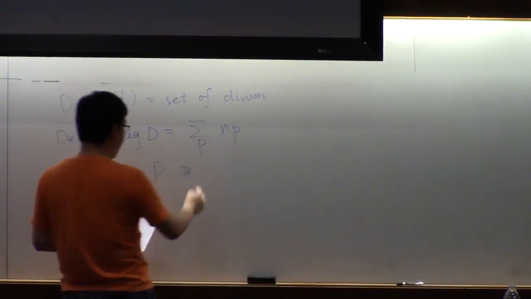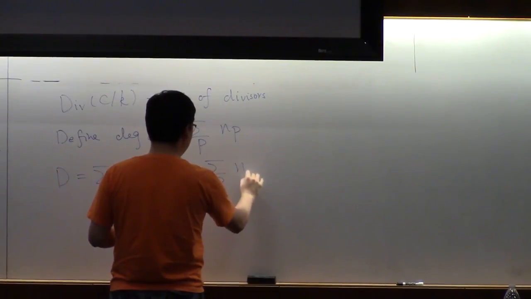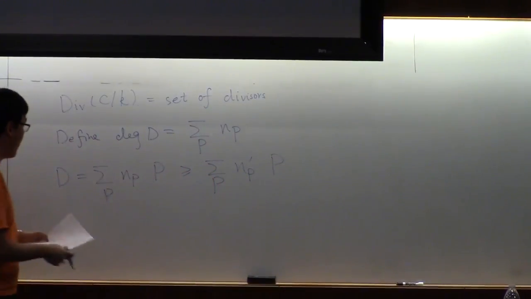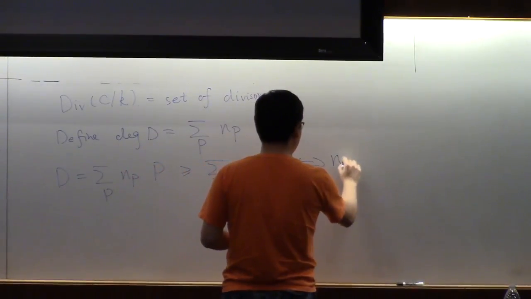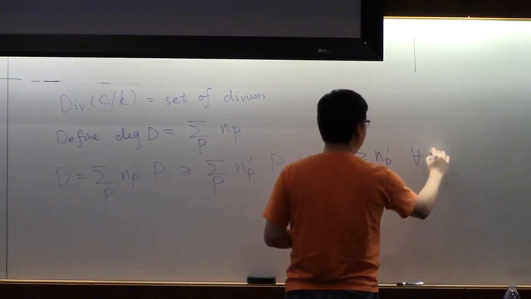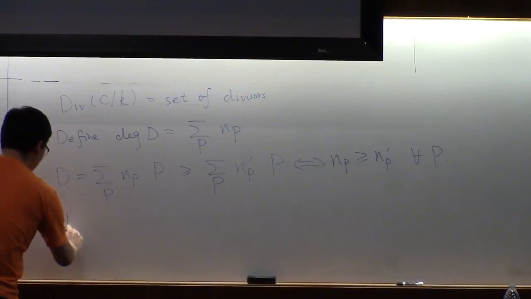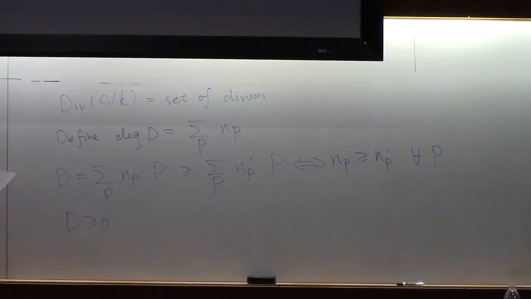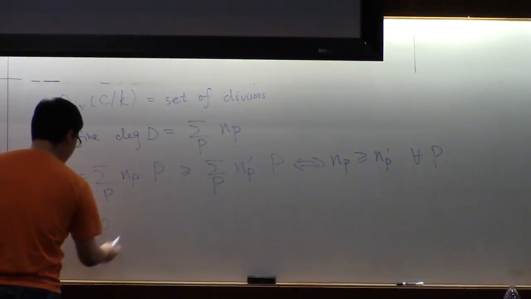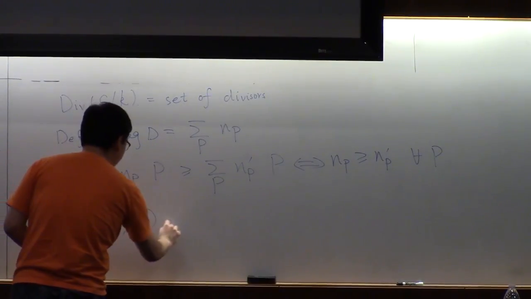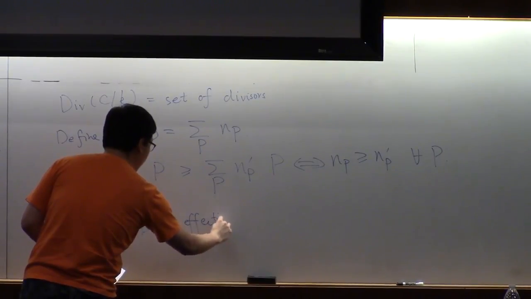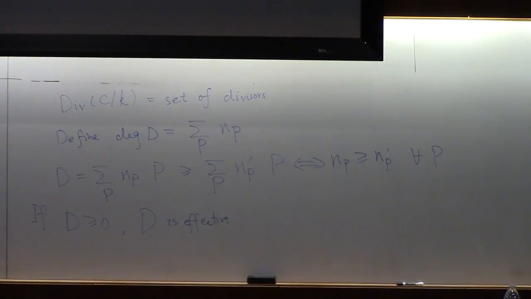I say one divisor is bigger or equal to the other divisor if and only if the corresponding coefficients have this relation, for every P. And then I can talk about effective divisors: if a divisor D is greater than or equal to 0, or in other words, all the coefficients here are non-negative integers, then we say D is effective. Okay? So these are some definitions.